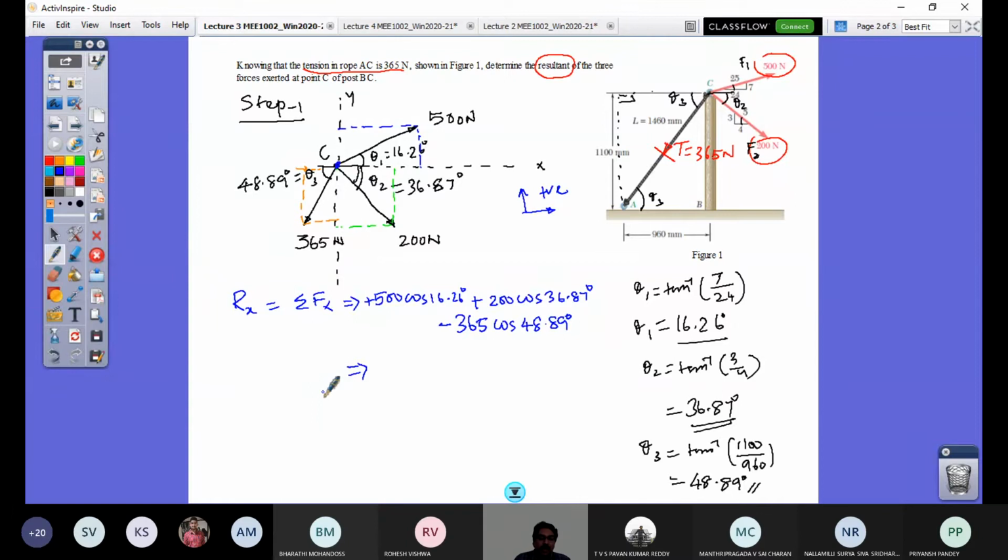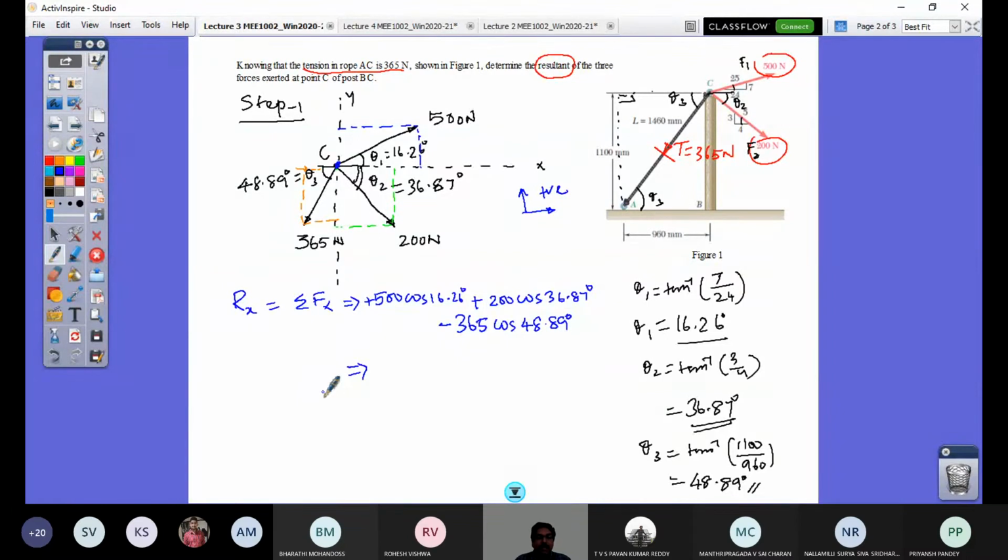So what is the value now? Let us calculate. So 500 into cos 16.26 plus 200 into cos 36.87 minus 365 into cos 48.89.